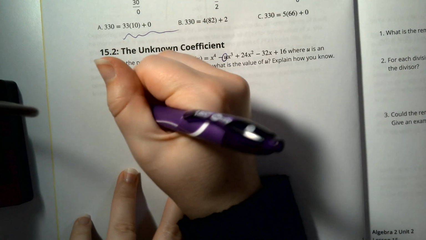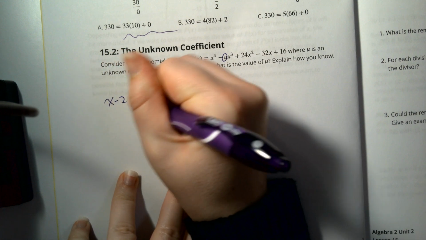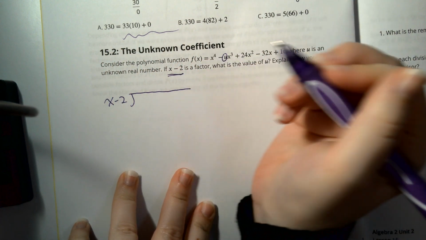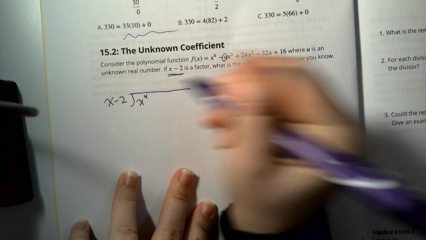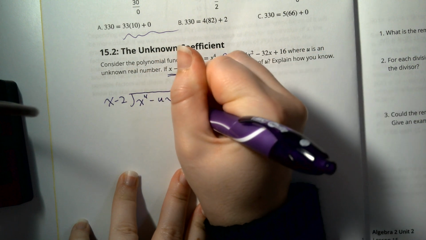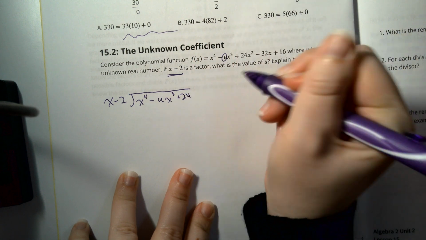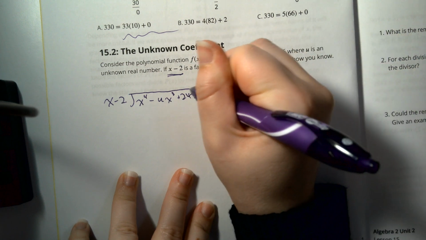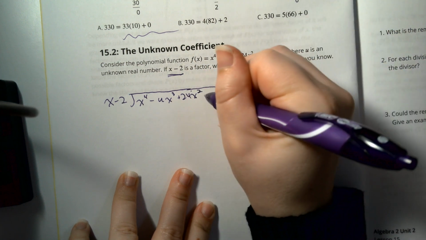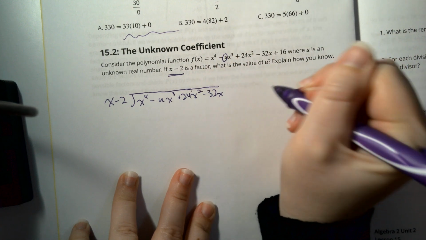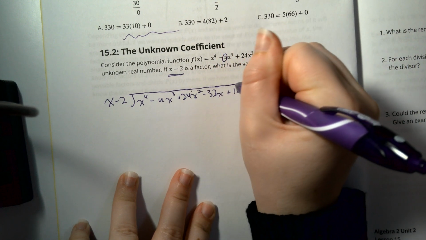At first you might try long dividing. You might say, okay, put my x minus 2 there, and then my x to the fourth minus ux cubed plus 24x squared minus 32x plus 16.